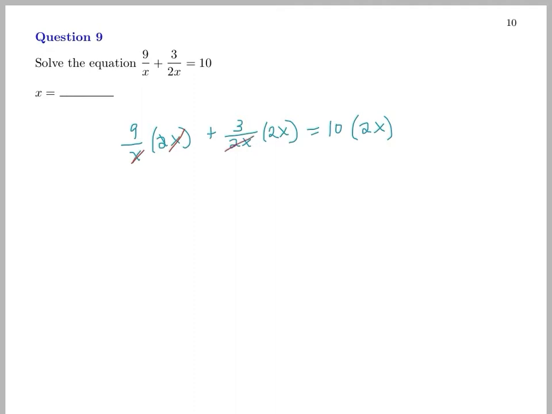For the second one, the 2x cancels. So I have 18 plus 3 equals 20x. So 20x equals 21, and so x is 21 over 20.